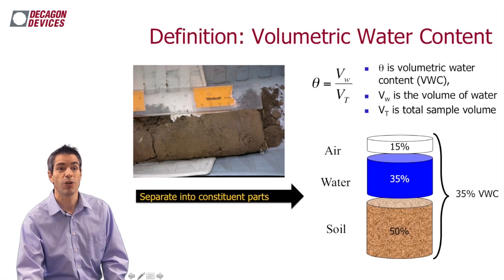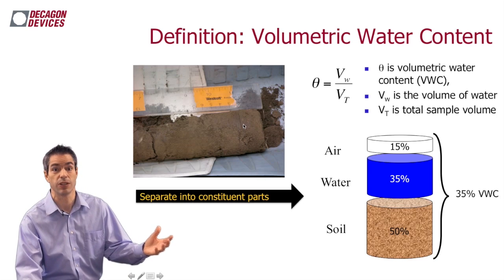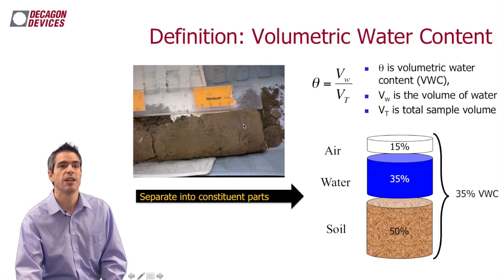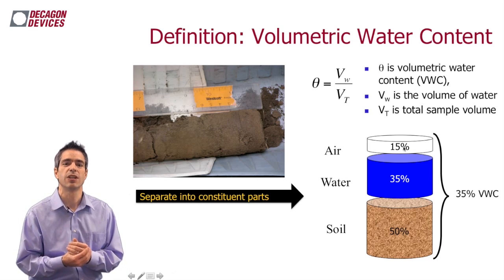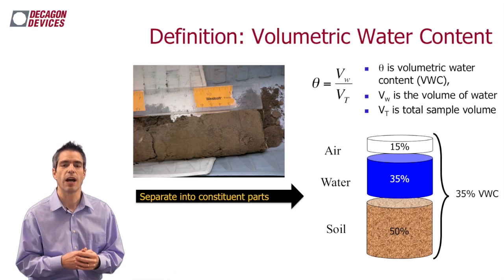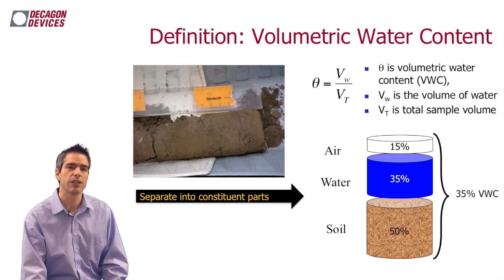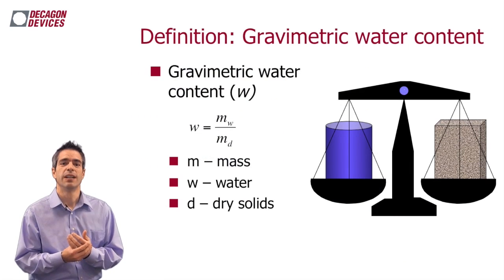If we could separate it into the constituent parts, by some means that isn't available to us, we might have in this particular sample 50% soil minerals, 35% water, and 15% air. Well, from that sample, we can say that it would have 35% volumetric water content.